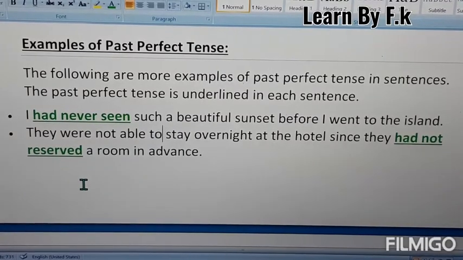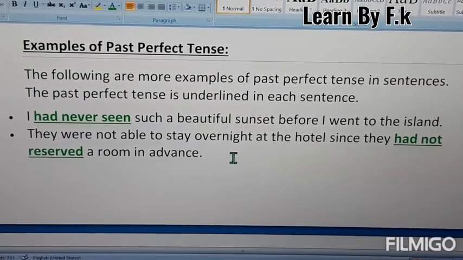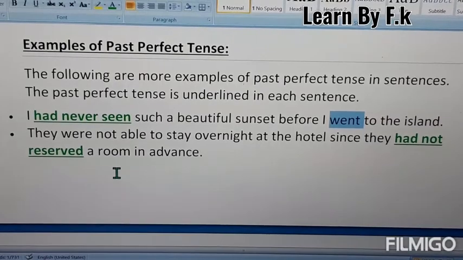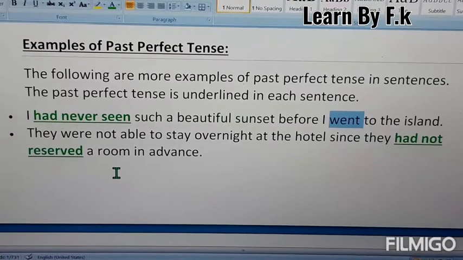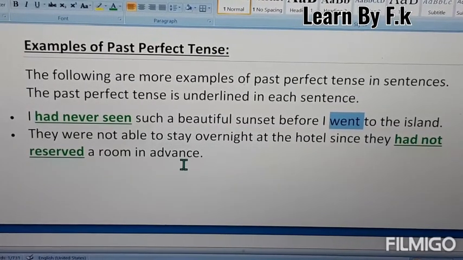The first, older step in the past is in the past perfect, I had never seen. Then the past simple is I went to the island. They were not able to stay overnight at a hotel since they had not reserved a room in advance. The older activity is that they had not reserved a room in advance.